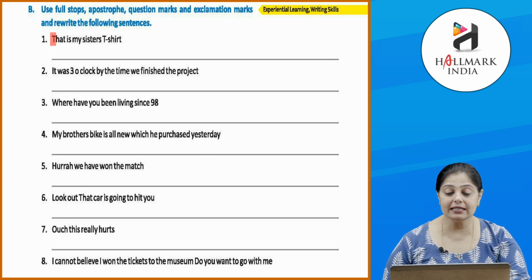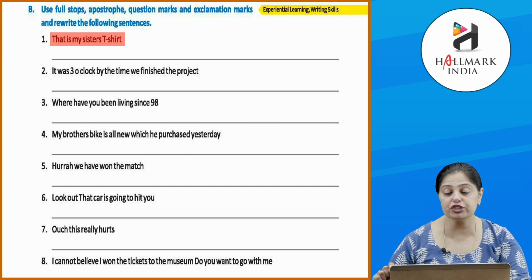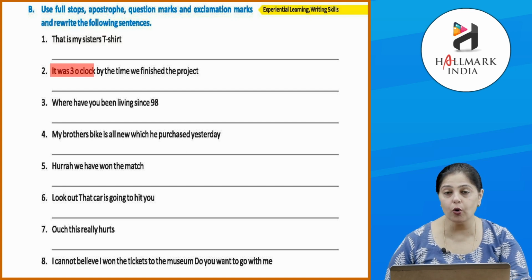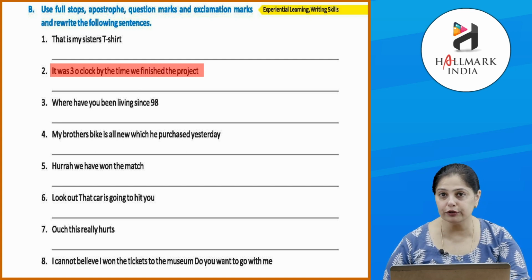Now, that is my sister's T-shirt. Okay, so that is my sister, apostrophe S, T hyphen shirt, full stop. Clear? It was 3 o'clock by the time we finished the project, and then a full stop comes. Clear? I hope it is very simple for you to understand. Now do the remaining sentences.